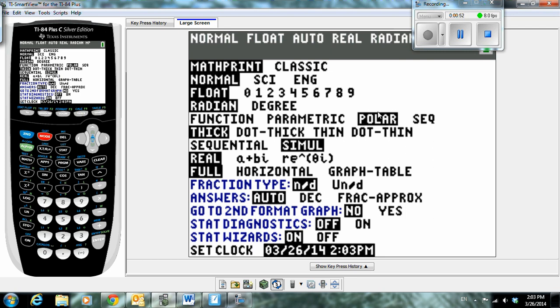Radians, polar, and the last thing, you want to move it from sequential to simultaneous. Once you have it on radian, polar, and simultaneous, by the way, yours will not look exactly like mine unless you have the newest version of the TI-84. But you should still have the simultaneous and the polar part.